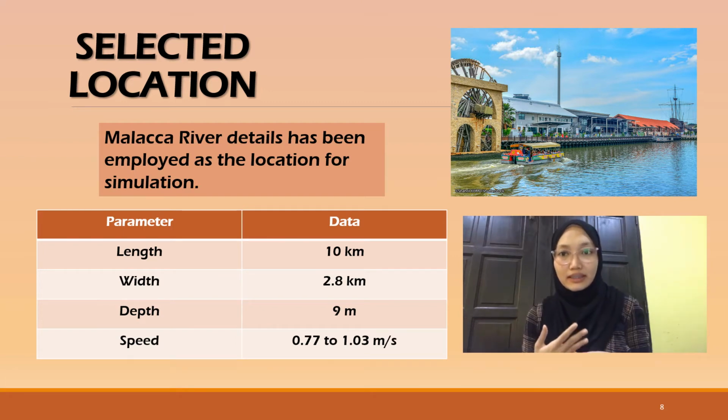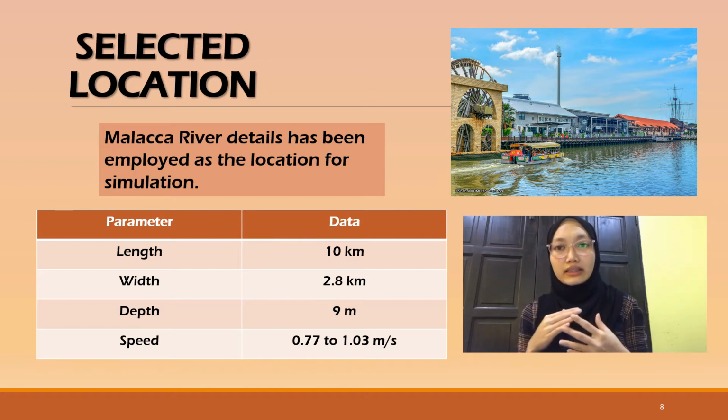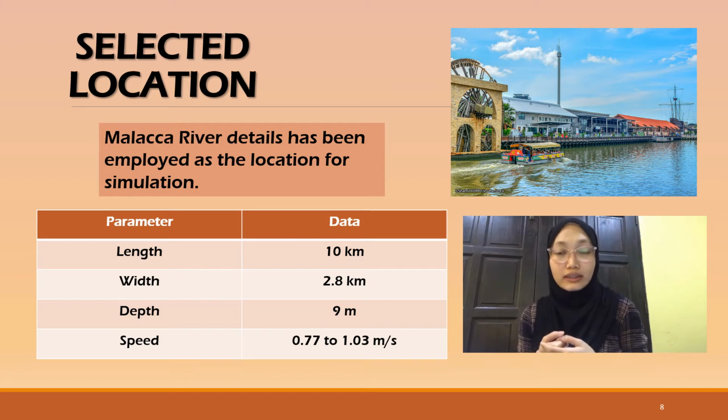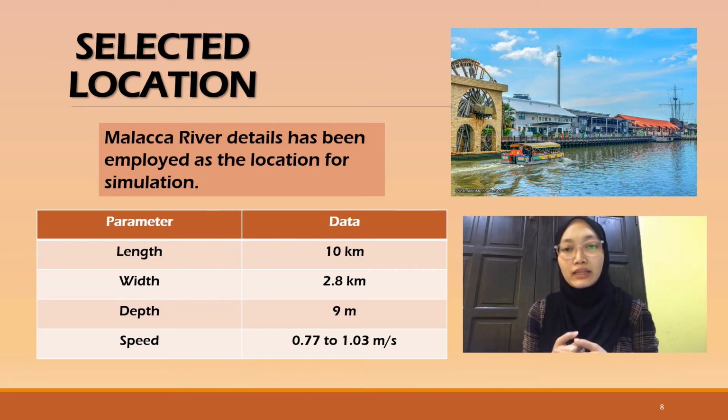Based on the details shown in the table, the main data that are important to be applied in this simulation are the speed and the depth, because the depth will be used for the domain and turbine size, while the speed will be used for the setup and properties in the simulation.